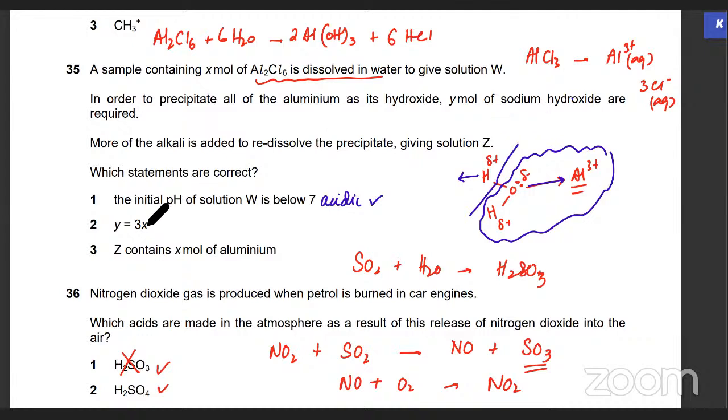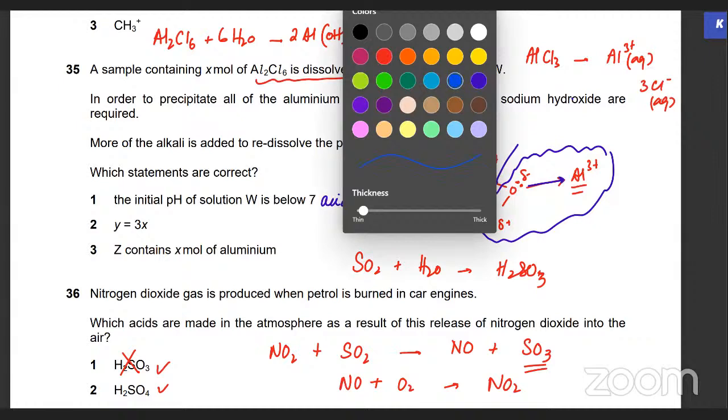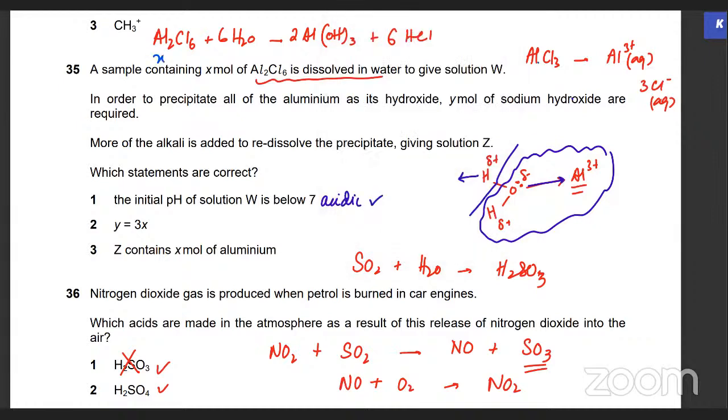Anyways, the next statement is Y is 3x. So what did he say? He said that there were X moles of Al2Cl6, and in order to precipitate all of the aluminium as its hydroxide, Y moles of sodium hydroxide are required. So how many OH ions are needed for this?